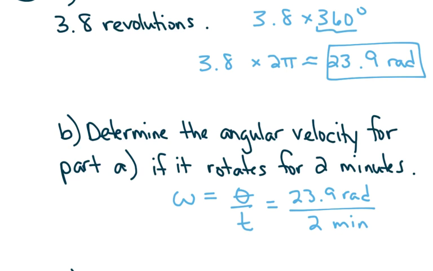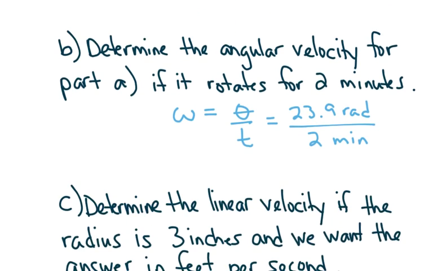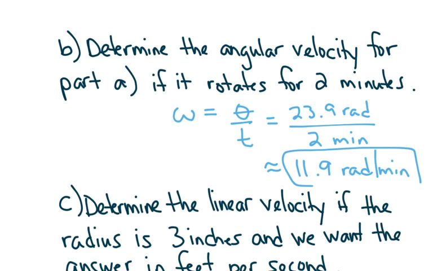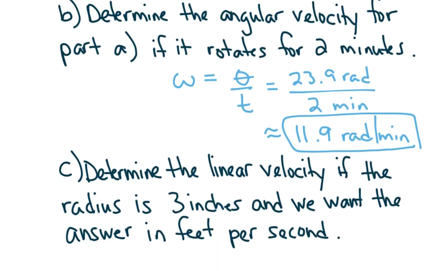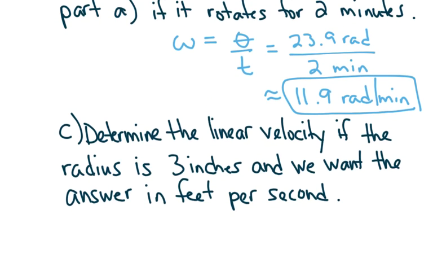So when I divide this, my final answer will be in radians per minute. So 23.9 divided by 2 is going to give me about 11.9 radians per minute. Might actually be 11.8. I don't know. Something like that. Then you need that answer to do part C.